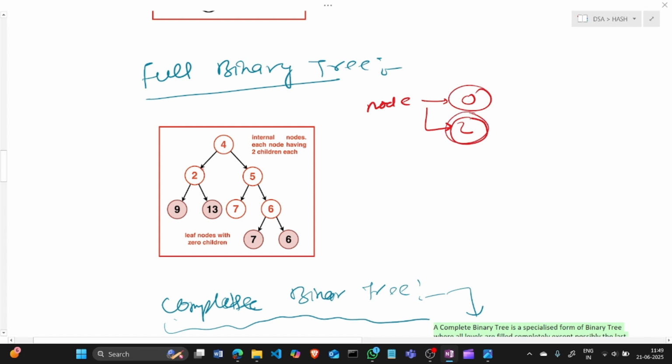For example, 4 has two children, 2 has two children, 9 and 13, and 9 has zero children, no problem. 5 has two children, 7 and 6, and 7 has no children. So this is a full binary tree. A full binary tree means a binary tree having zero or two children. One child is not allowed, more than two children are not allowed.